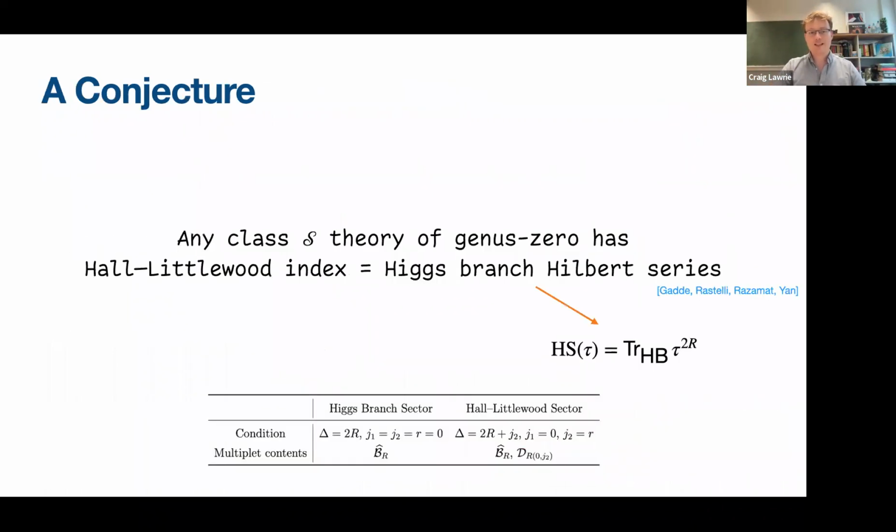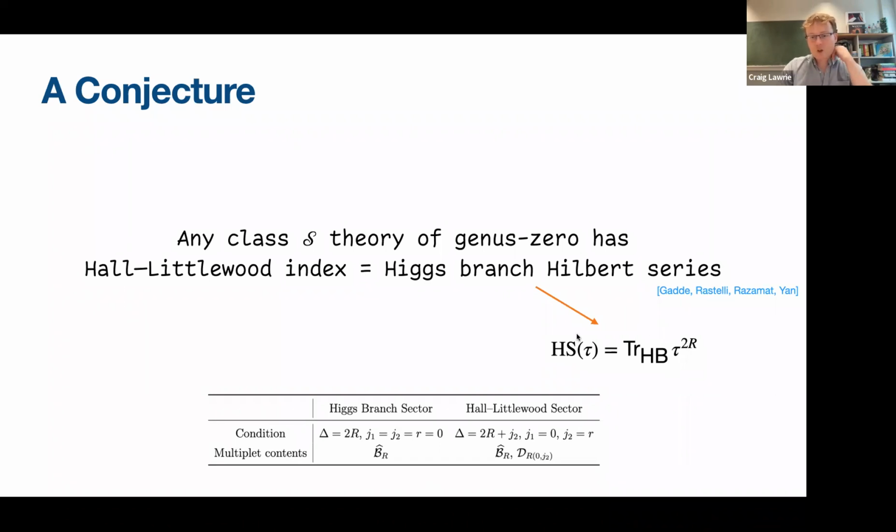So this is surprising, because there is kind of a folk conjecture that any class S theory of genus 0 has its Hall Littlewood index being the same as the Hilbert series of its Higgs branch. Where the Hilbert series of the Higgs branch is now just defined like this. It's the trace over the Higgs branch sector, which I write here.